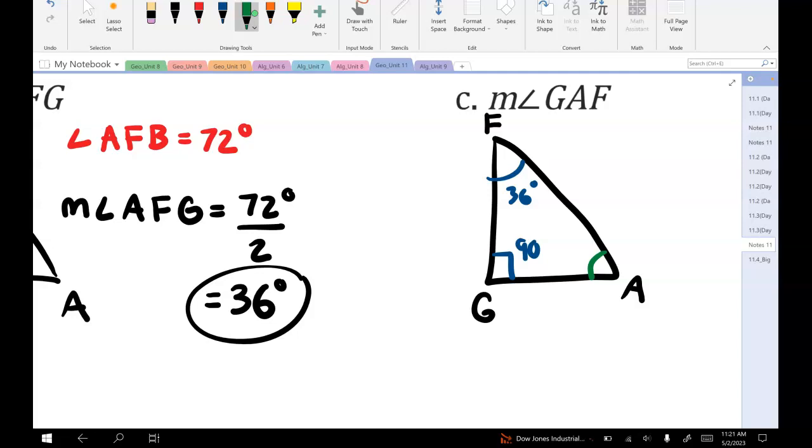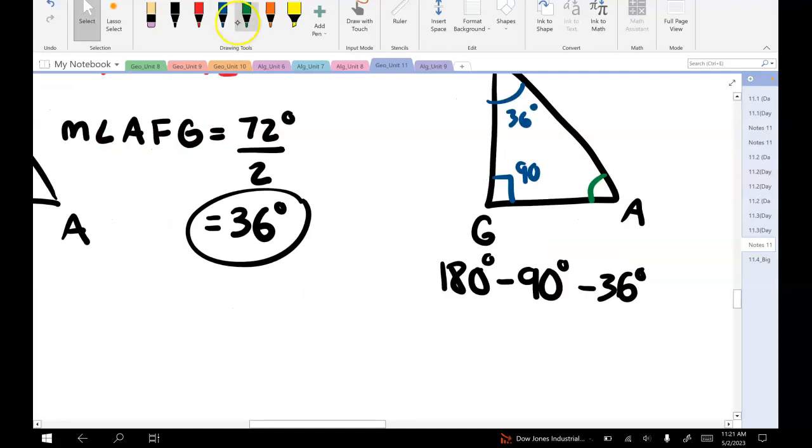So 180 minus 90 degrees minus 36 degrees would be 54.